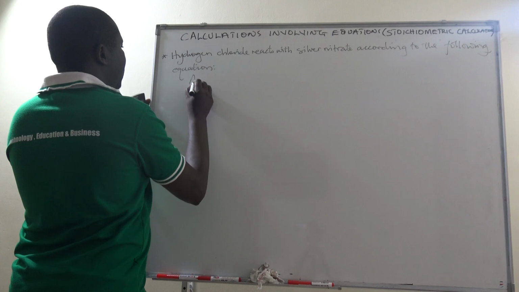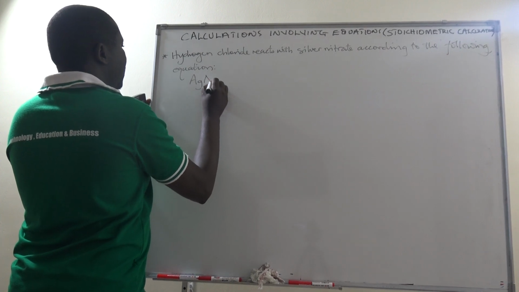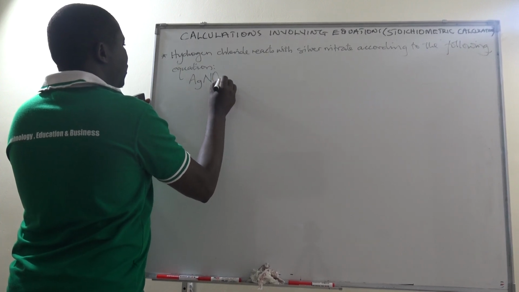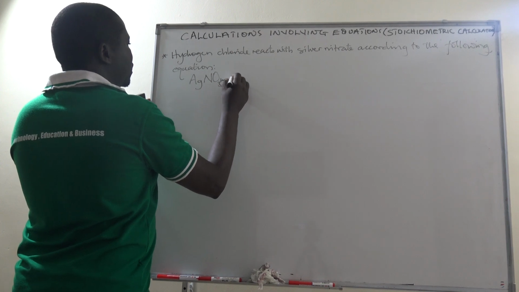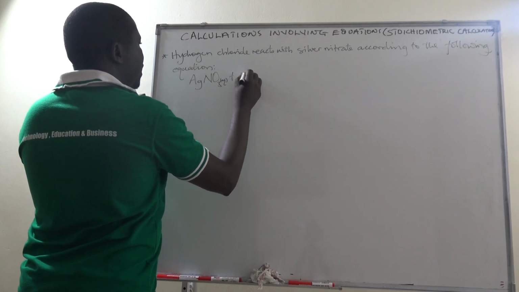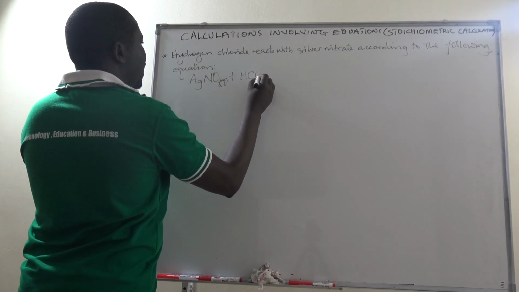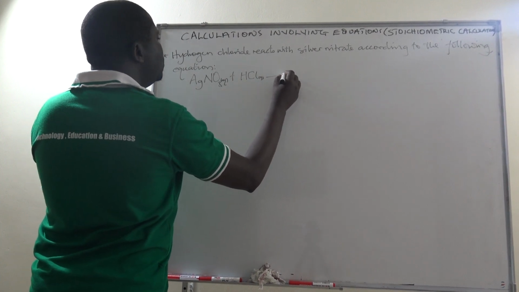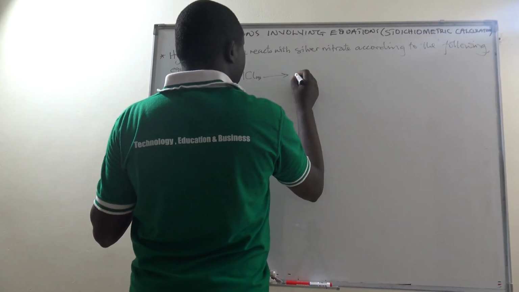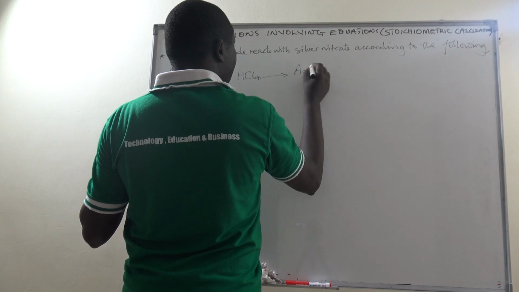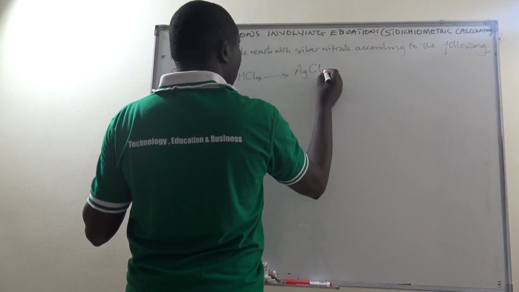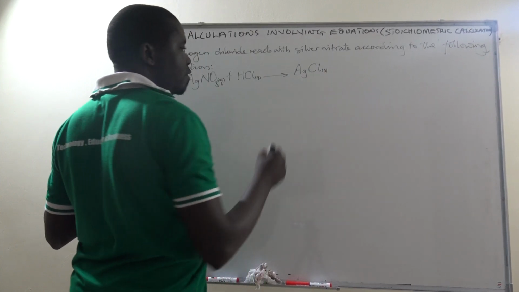So we have silver nitrate solution reacting with the hydrogen chloride gas, and this reaction produces silver chloride, which is an insoluble salt formed as a solid.